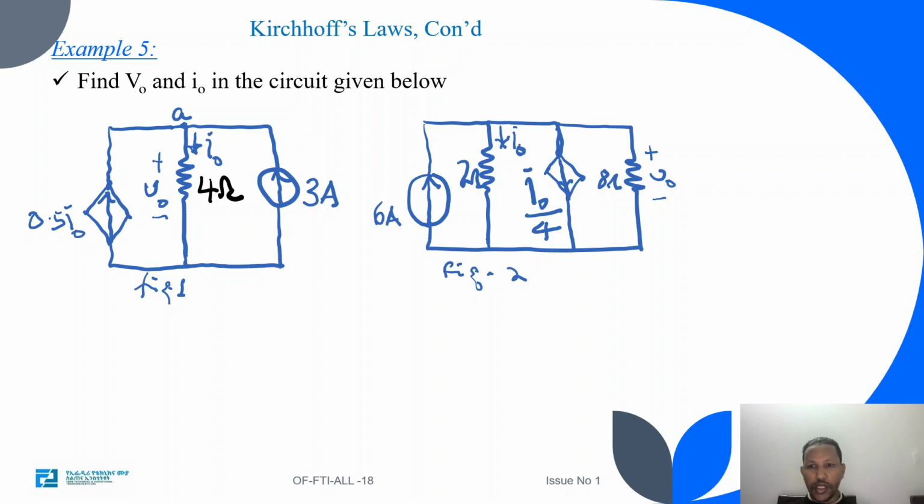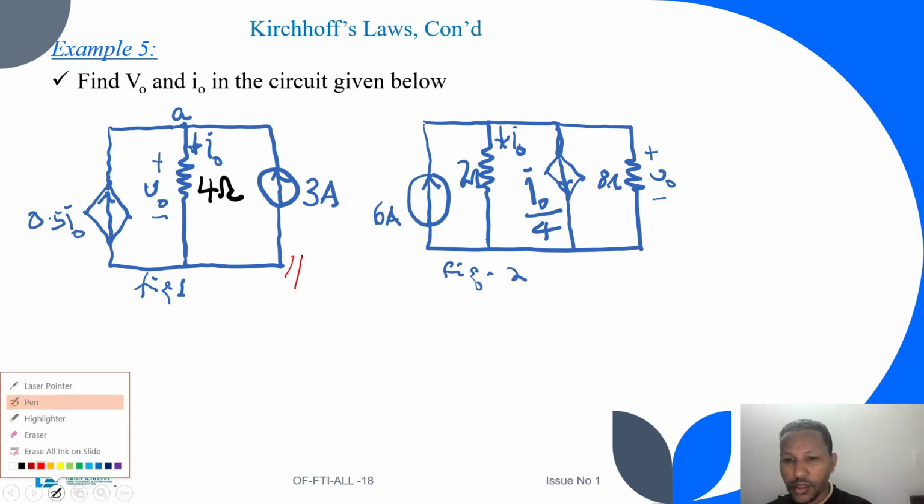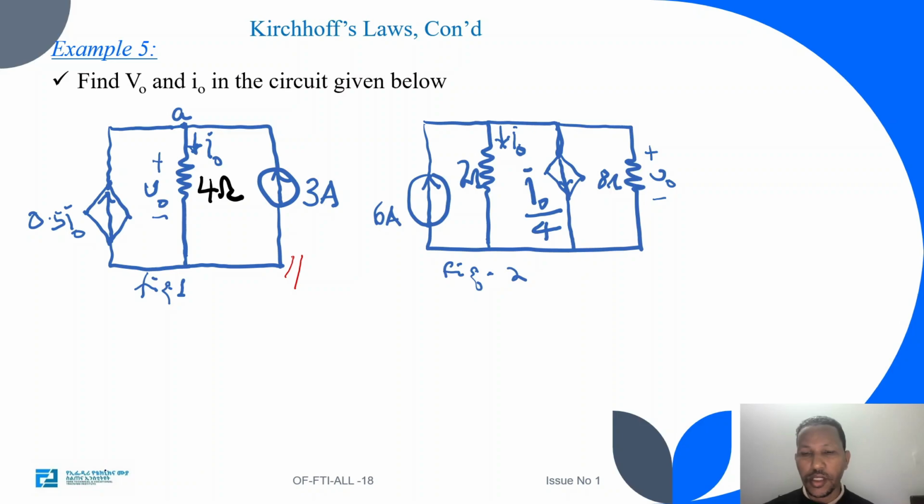As you can see, the circuit has three components: one dependent current source, one independent current source, and one passive element, which is the resistor. We are asked to determine the current I naught and the voltage V naught. V naught is across the 4 ohm resistor, and I naught passes through the 4 ohm resistor.